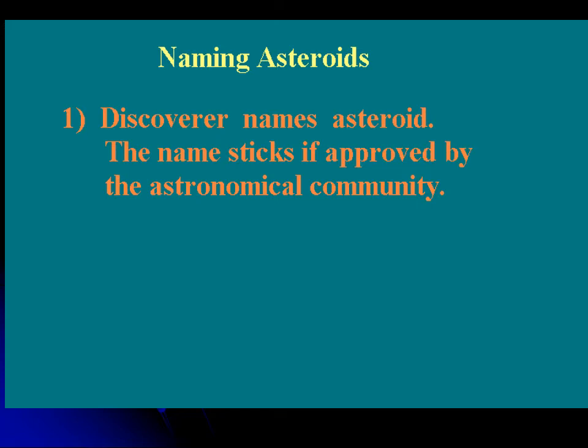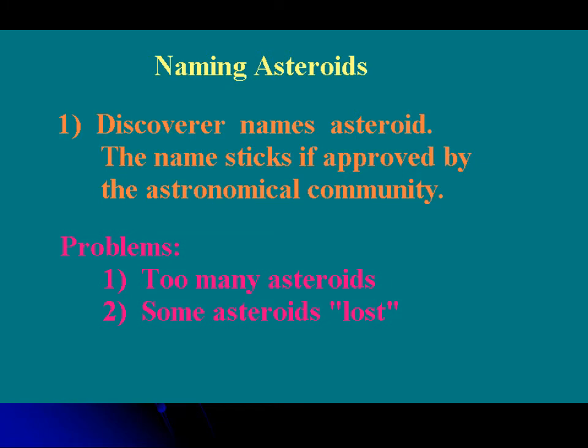But you're not permitted to name the asteroid until several conditions are met. First of all, there are so many asteroids out there that it's really hard for everything to get named. Secondly, they had discovered some asteroids and then lost track of them. You don't want to have it have a name, and then you lose track of it.